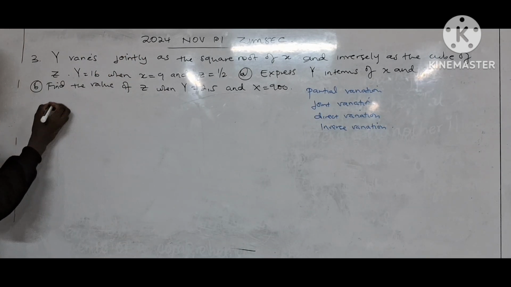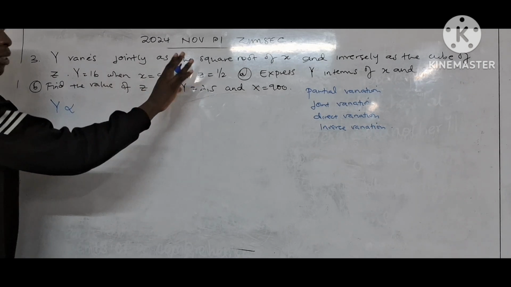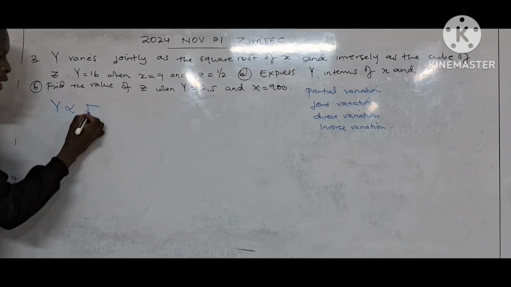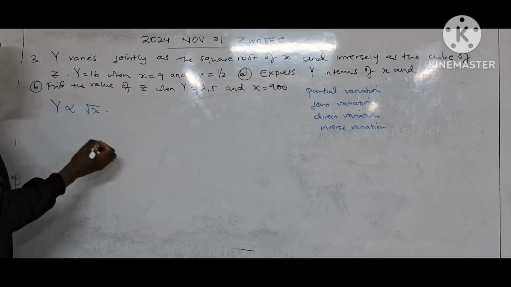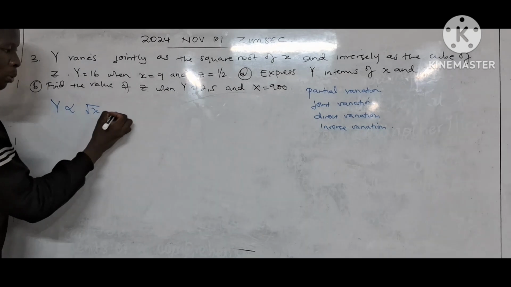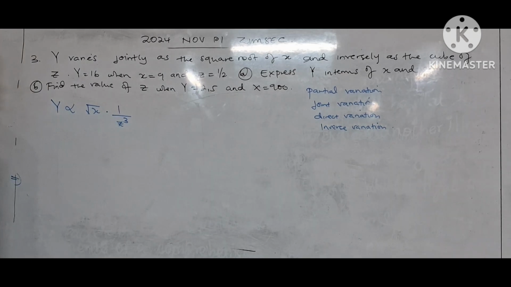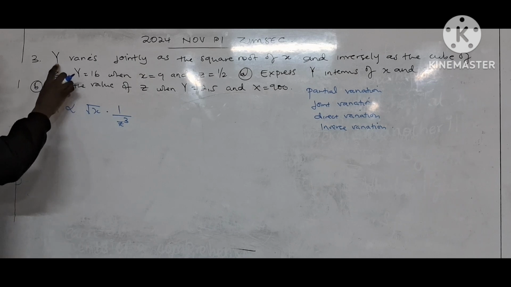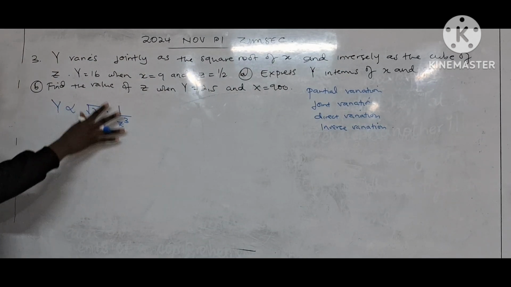So y varies jointly as the square root of x, and inversely as the cube of z. So multiplied by 1 divided by z to the power 3. So I managed to convert this word statement into a mathematical statement.